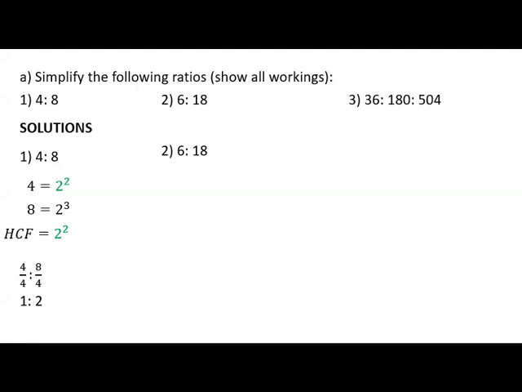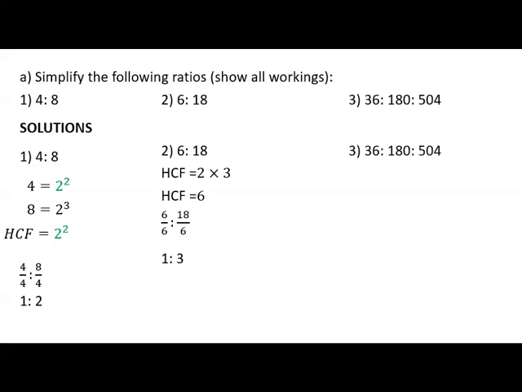The highest common factor there will just be 6. So you will take the first part divided by 6, the second part, which is 18, divided by 6. So 6 divided by 6 and 18 divided by the highest common factor, which is 6, and that will give you 1 is to 3.